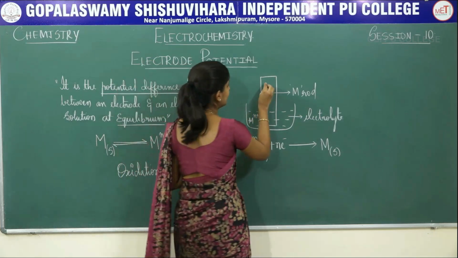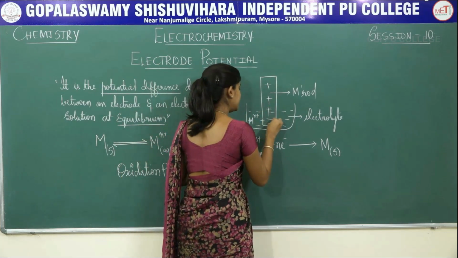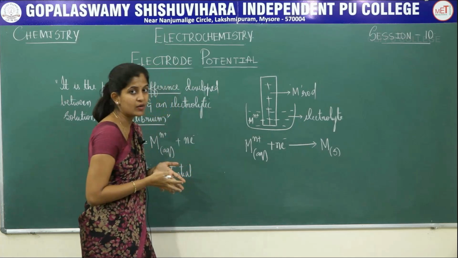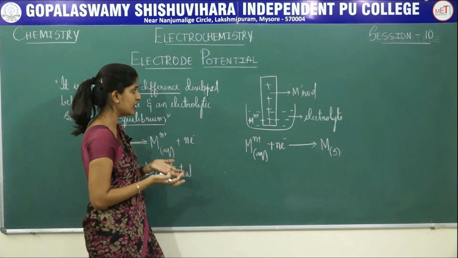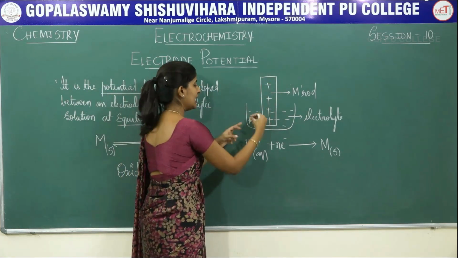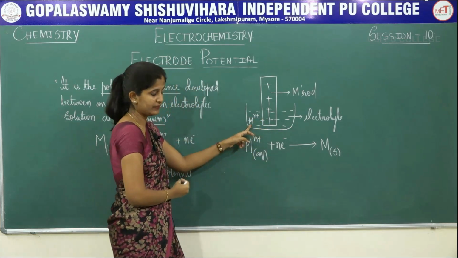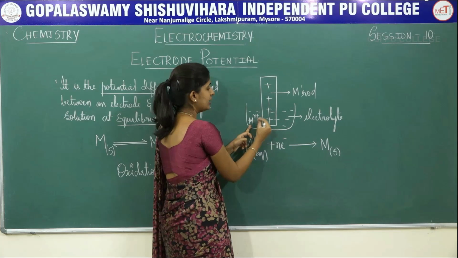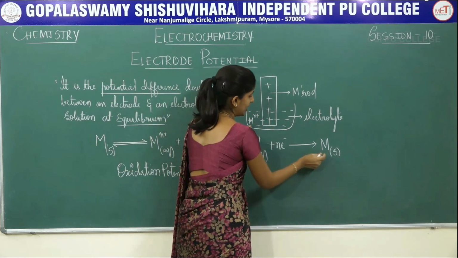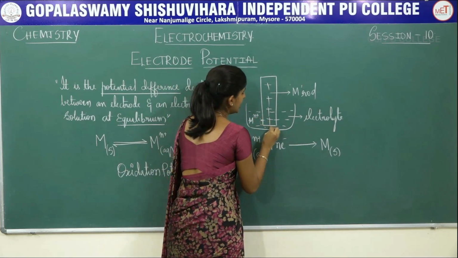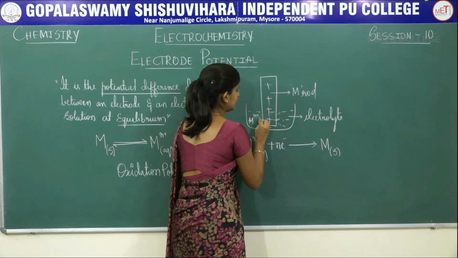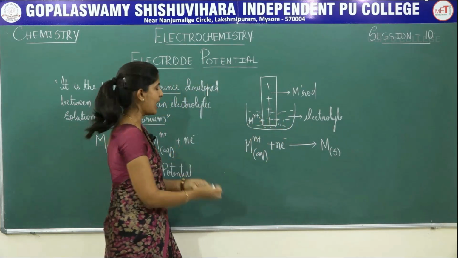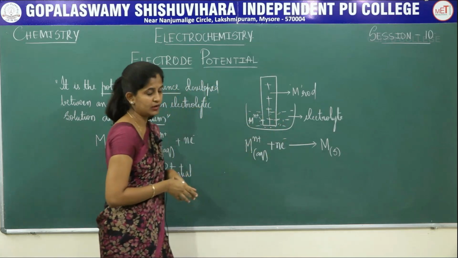As a result, I can take this metal rod to be positively charged, because the metal rod is giving electrons to these metal ions. The metal ions undergo reduction into solid metal and get deposited over the metal rod.